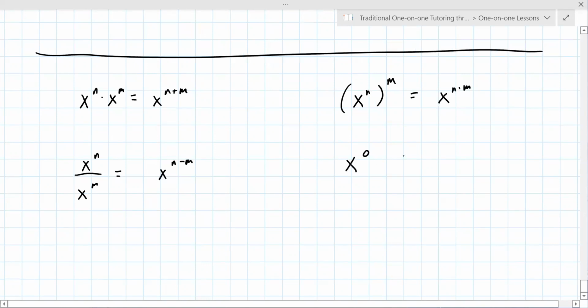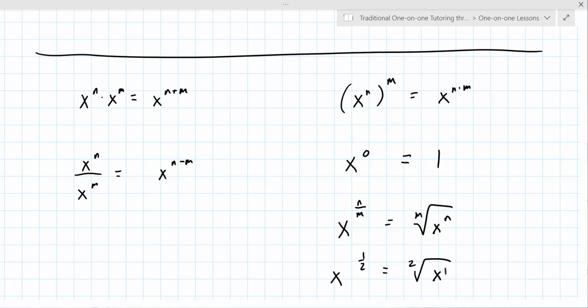What is anything to the power of 0? One. And then the one that we just did is if you have x to the n over m, this equals the mth root of x to the n. I prefer remembering it this way. But you have to know all of these to be able to do well on this.